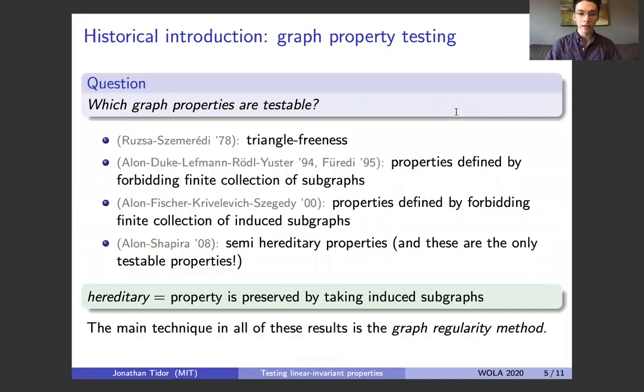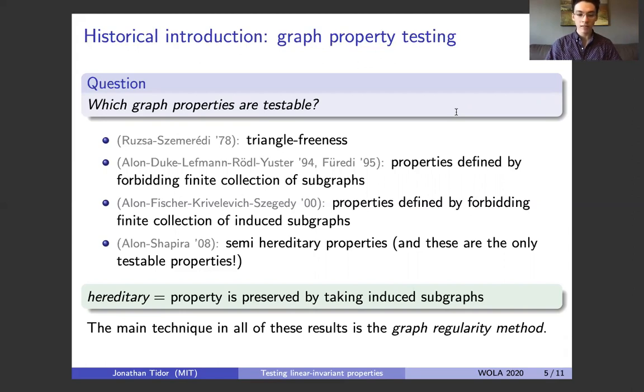Let me tell you about the history of testing graph properties. We've seen the Ruzsa-Szemerédi result for triangle-freeness. This was generalized by some other people into the testability of some general classes of graph properties. And more work was done on this area over the years until we get to this result of Alon and Shapira from 2008, which states that all semi-hereditary graph properties are testable.